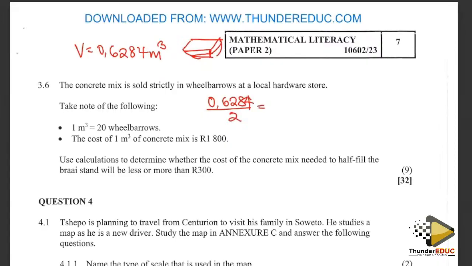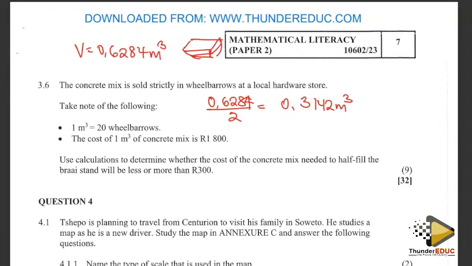So this will be the volume to be filled with the concrete. So it's cubed.